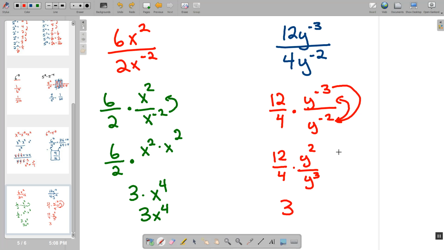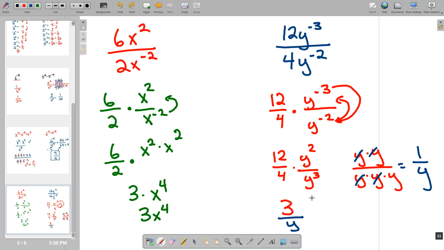And now this is where it gets a little tricky. So y to the second is y times y. Y to the third is y times y times y. Okay? So I can get rid of 2 y's on the top and 2 y's on the bottom because that all divides to be 1. So that means I'm left with 1 over y, which gives me 3 over just y.